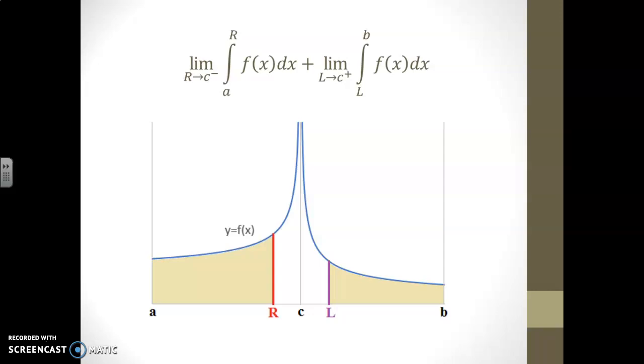In the first case, we will stop at some imaginary boundary called r. In the second case, we will start at an imaginary boundary called L and compute the individual integrals, and then the limit processes will help us move these boundaries towards c in order to fill in the area that occurs.